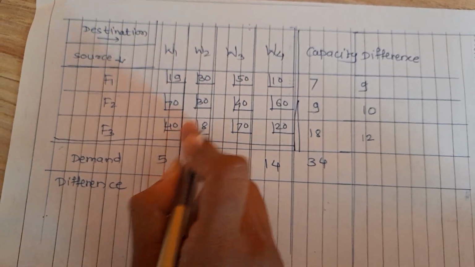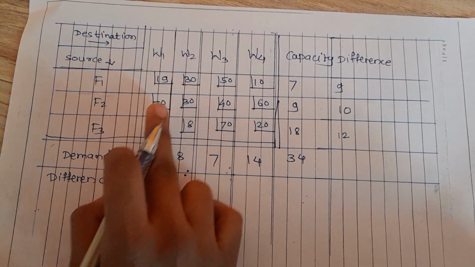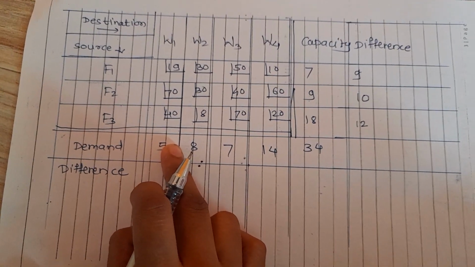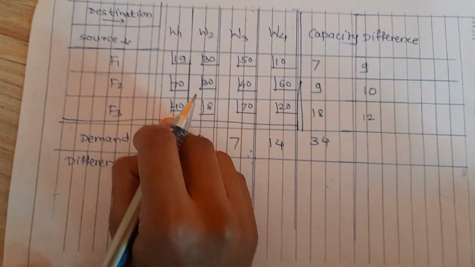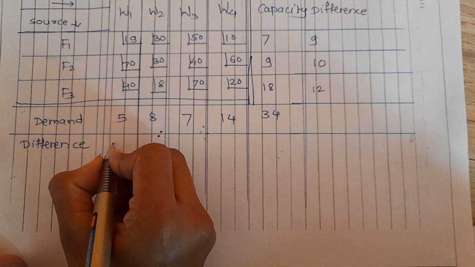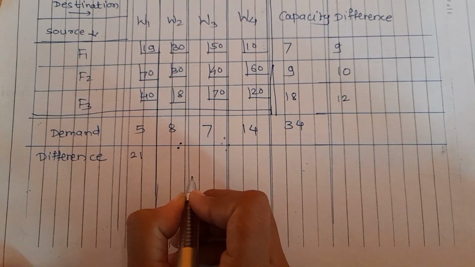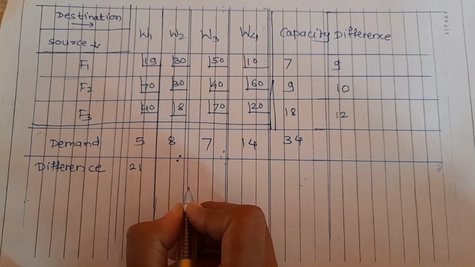Now we follow the same procedure for columns. First column is 19, 70, 40. Which two values are minimum? 19 and 40. The difference is 40 minus 19, which is 21. We write 21 here. Second column 30, 30, 8. Which two values are minimum? 30 and 8.